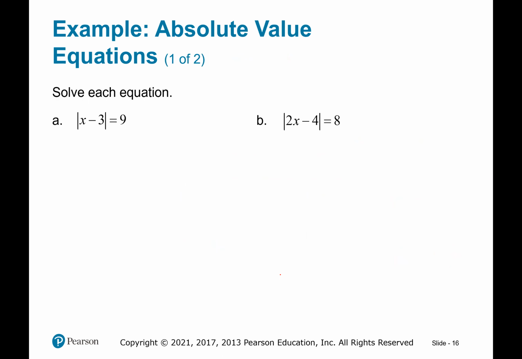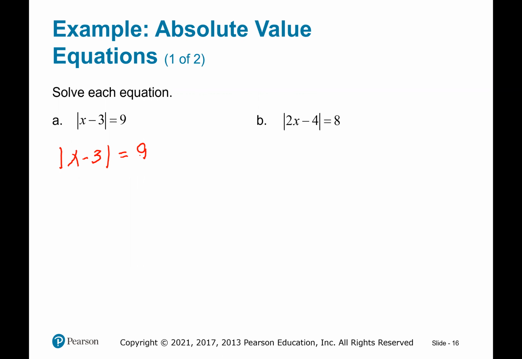So I have the absolute value of x minus 3 equals 9. Okay, let's pause and ponder this for a minute. What numbers can you take the absolute value of and get 9? 9 and negative 9.